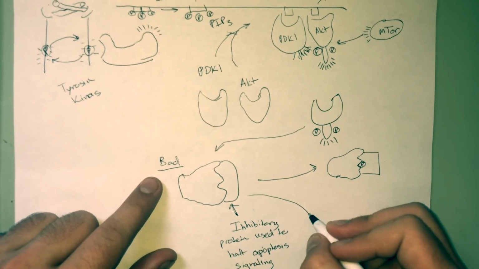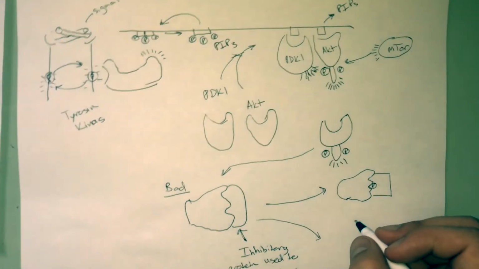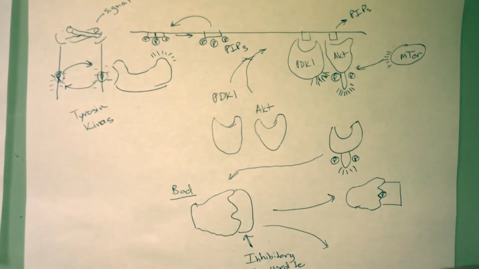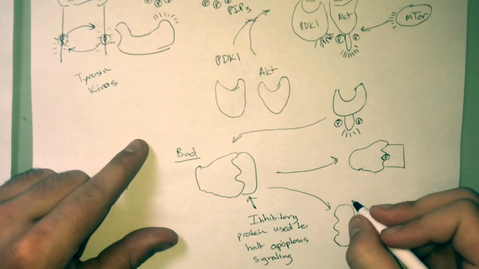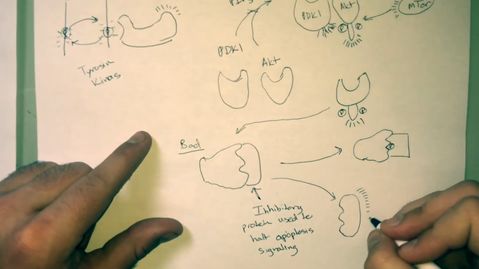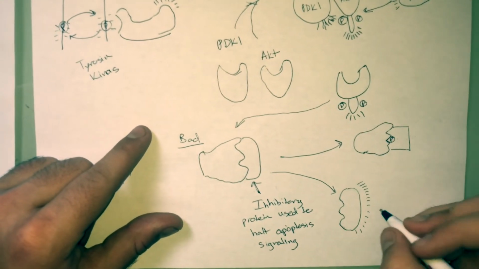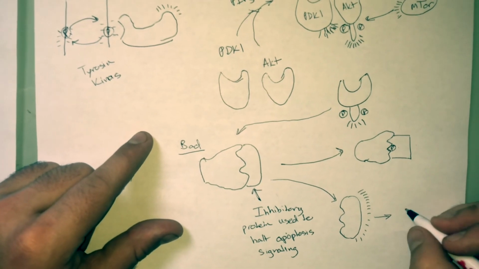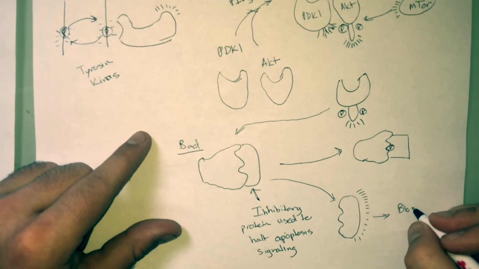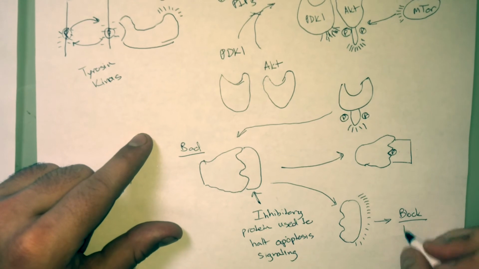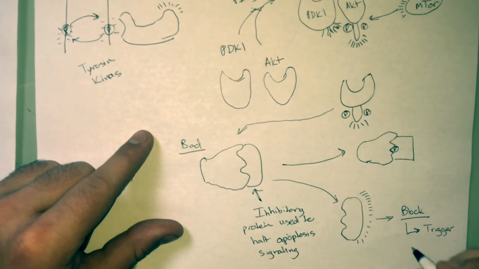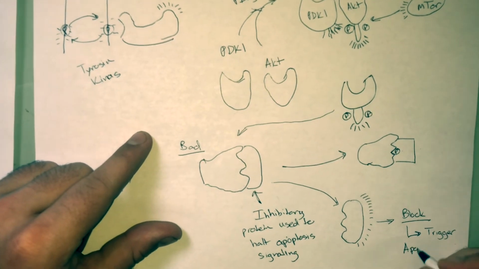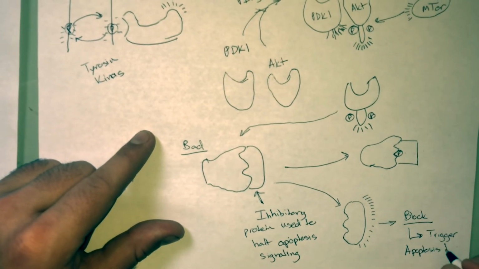That leaves us with the inhibitory protein. So as the inhibitory protein moves, it will eventually find downstream signals that it will block. And this will cause apoptosis to halt.